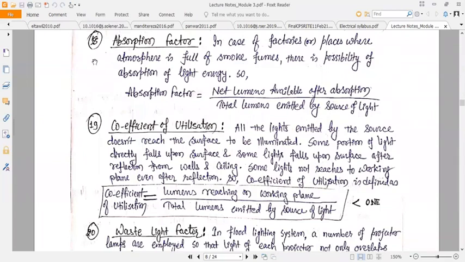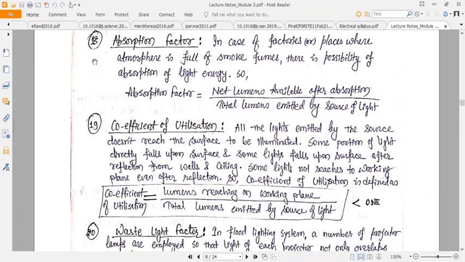In case of a factory or a place where the atmosphere is full of smoke or fumes, it is not a clear atmosphere. There is possibility of absorption of light energy. Agree with this statement? If there is some smoke in the atmosphere, we are not able to clearly see the things around us.